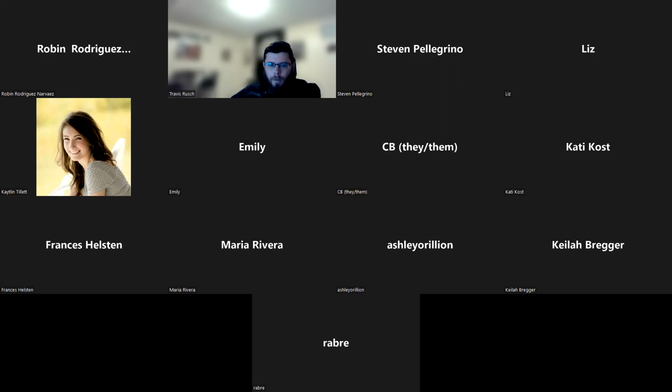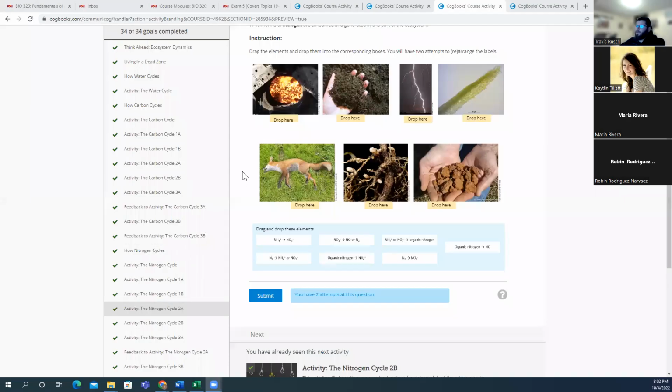They wanted to go over 2A and 2B. Okay, and this is good because these are ones that we did not go over, so a little more practice.